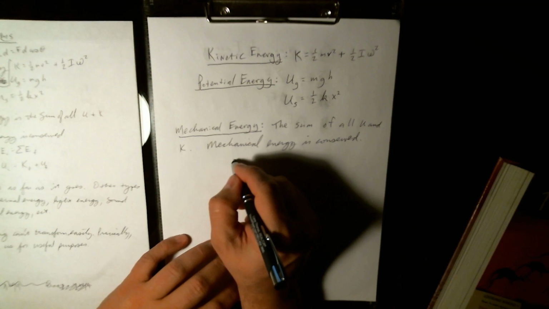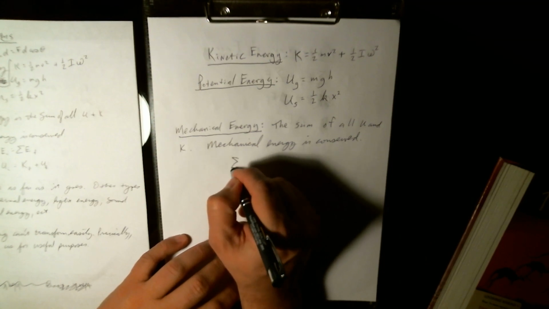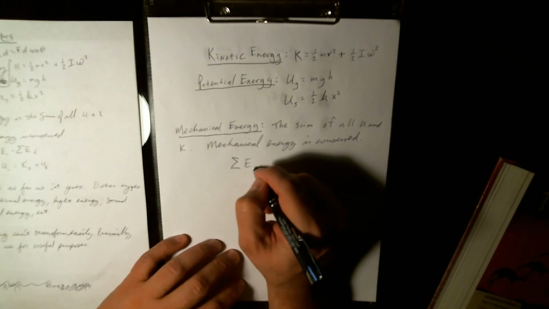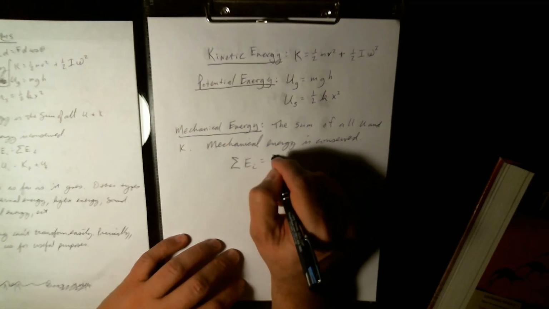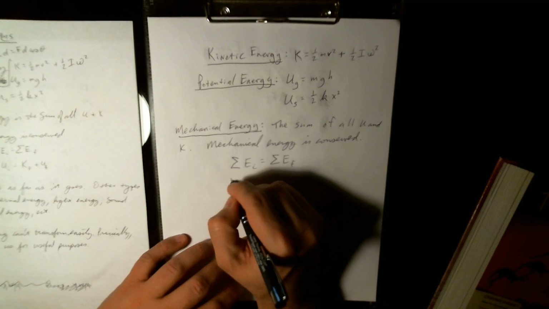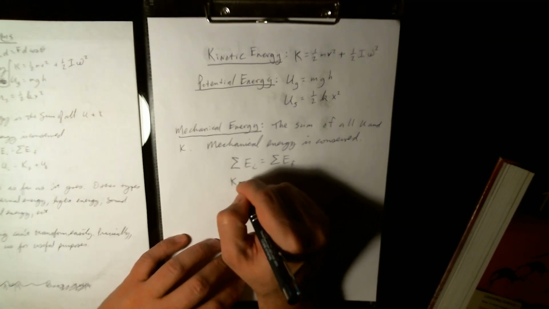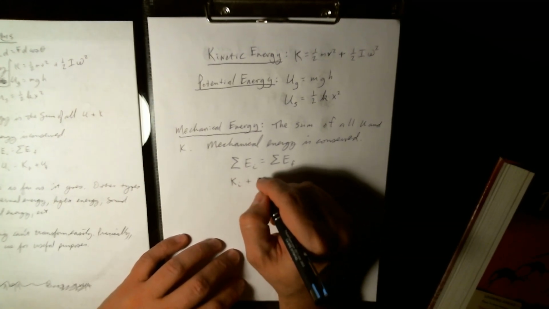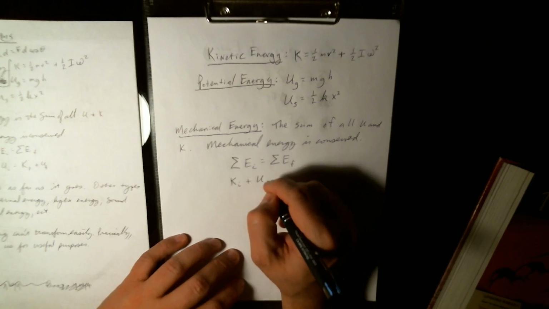And we can state this mathematically a couple ways. This is the way I tended to state it last year. I would take the initial kinetic plus, and sometimes you'd have more than one type of potential.